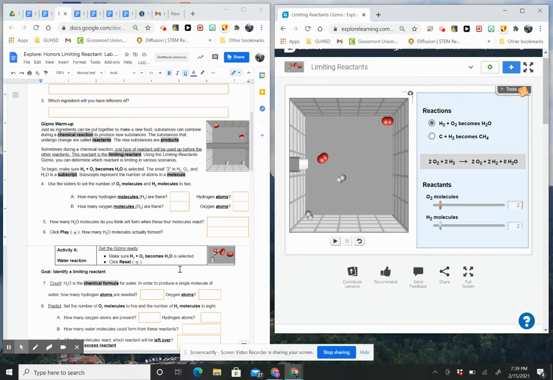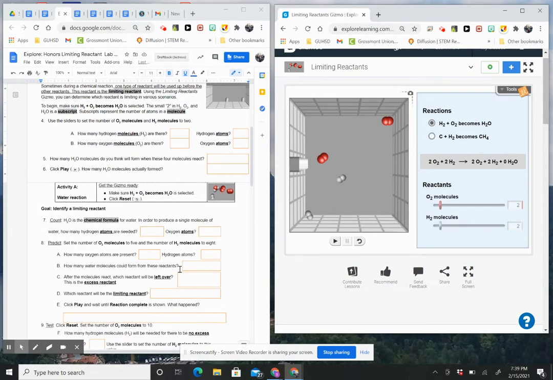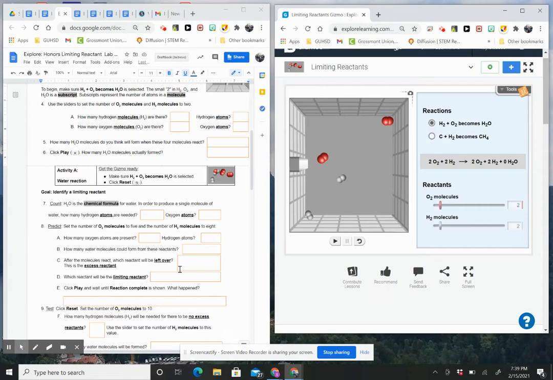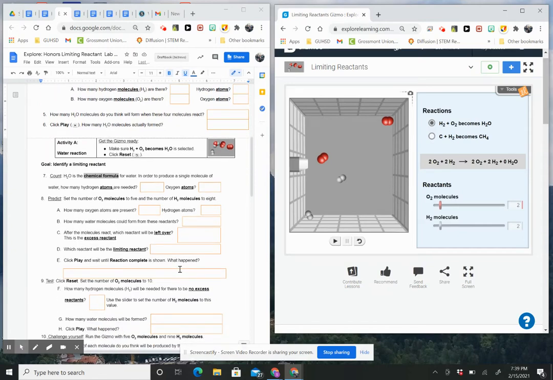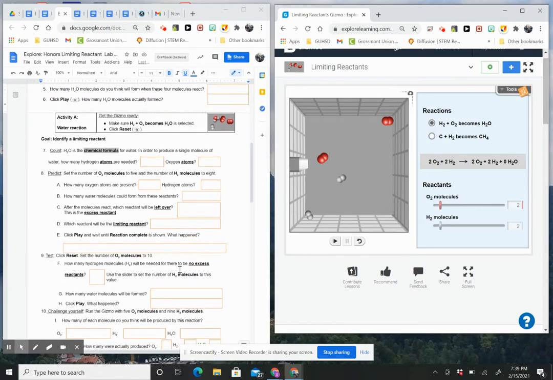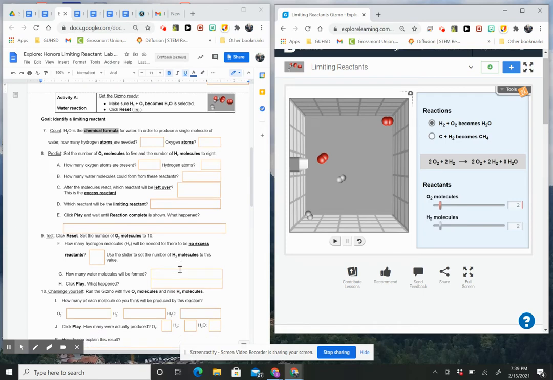Now for activity A, it says count. H2O is the chemical formula for water. In order to produce a single molecule of water, how many hydrogen atoms are needed and how many oxygen atoms?